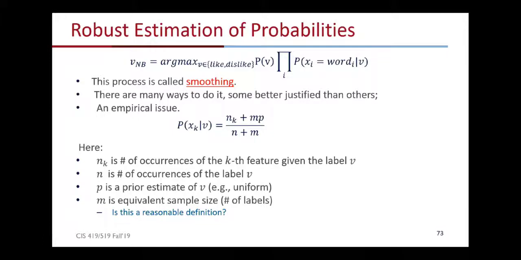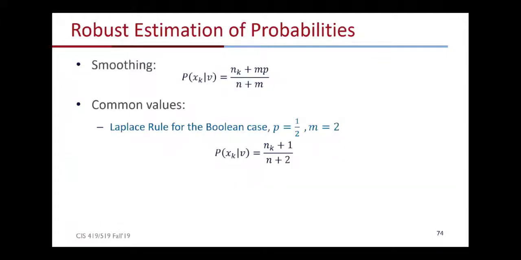and make sure that, therefore, we never have 0 in the numerator. So I'm going to give you now the specific case that we care about here. It's called the Laplace rule. For the Boolean case, m, the number of labels, is 2, p, the base probability, is 1/2. So what we're going to get is, instead of nk over n, nk plus 1 over n plus 2.